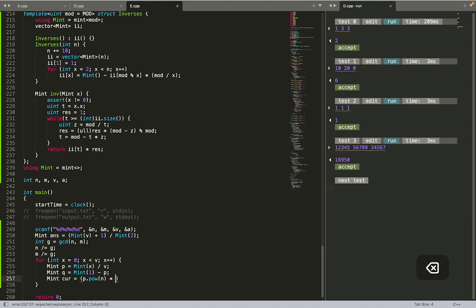Then it's q to the power m plus p to the power m multiplied by q to the power n, and then to the power of the number of components, which is GCD.